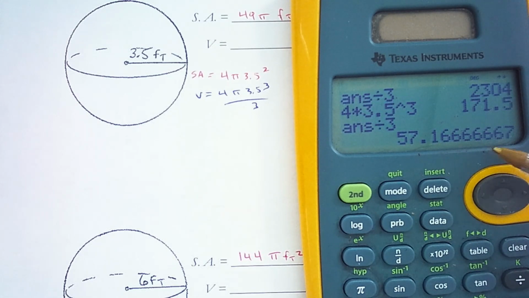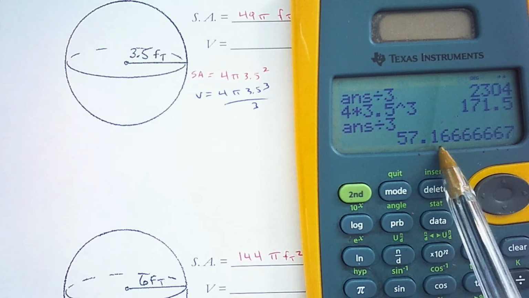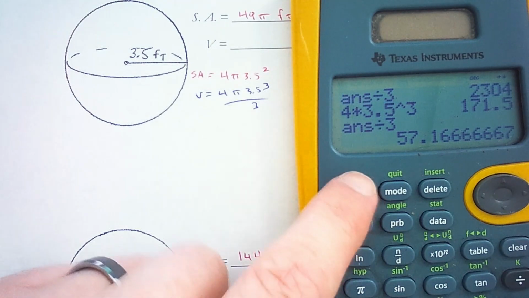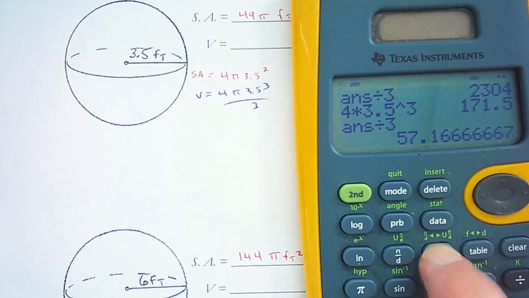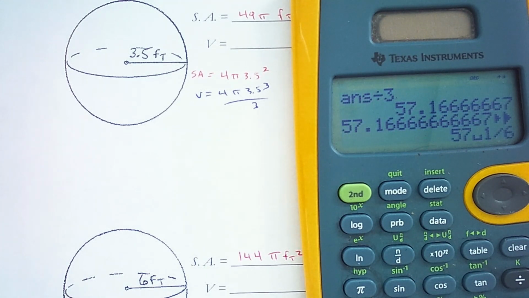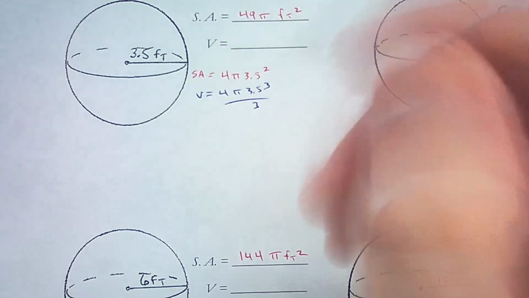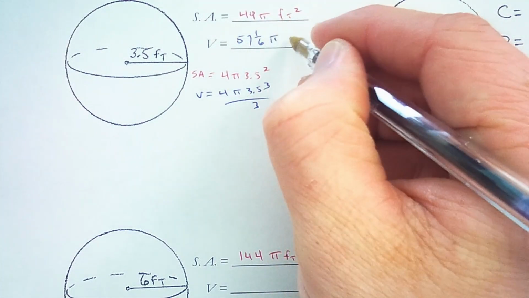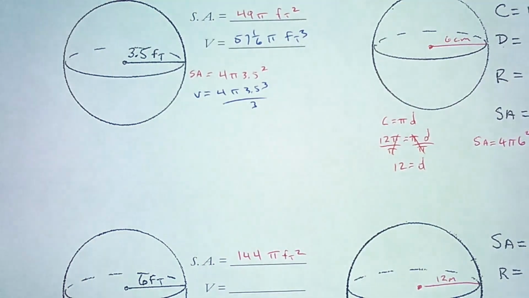That's not one that we really easily convert in our head, so I'm going to use this button right here that is going to convert it for me. So I'll use second, and then this right here, which will give me my mixed number of 57 and 1/6. So I have 57 and 1/6 times pi feet cubed.